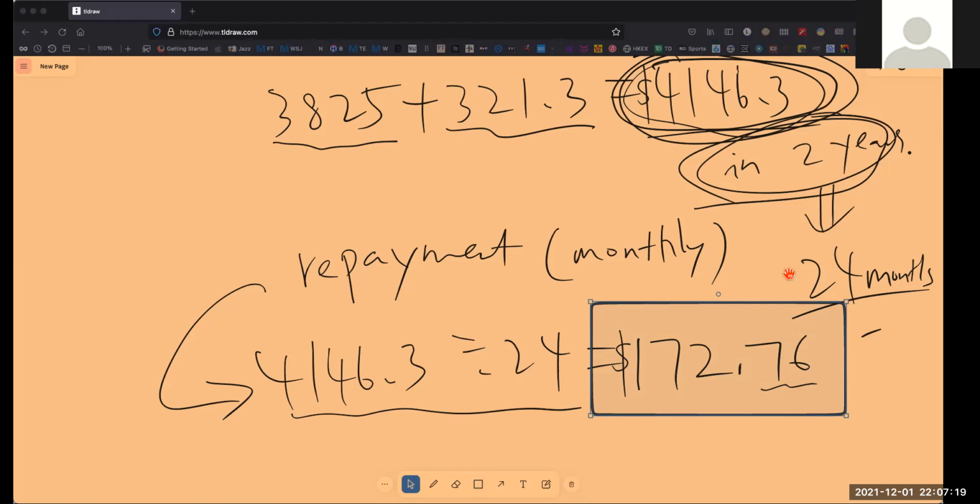The answer is 172.8. They say round to 10 cents, so it's 80. So the answer is correct, but I'm just demonstrating my way of doing this question. Of course, your answer is correct.